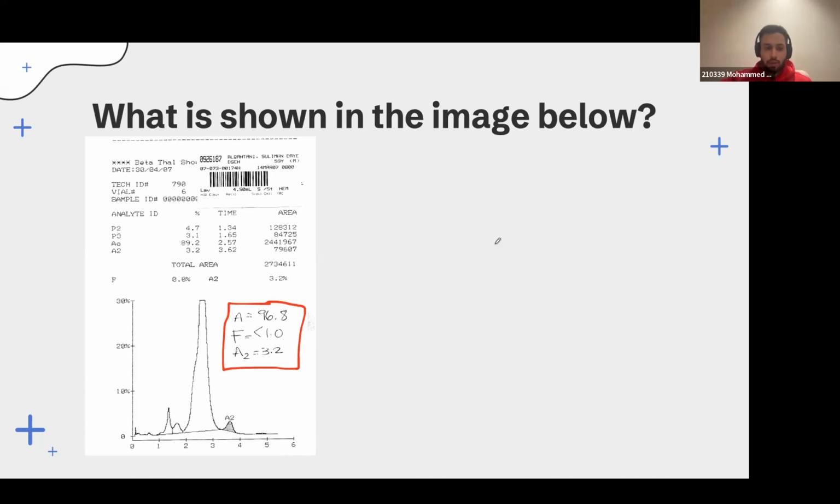If it's abnormal, what disease are you thinking of? Normal, perfect. A is high, which is normal. Hemoglobin F, or fetal hemoglobin, is low, which means it's probably an adult patient. So that's good. And A2 is below the cutoff of 3.5. So that's normal. It's good.